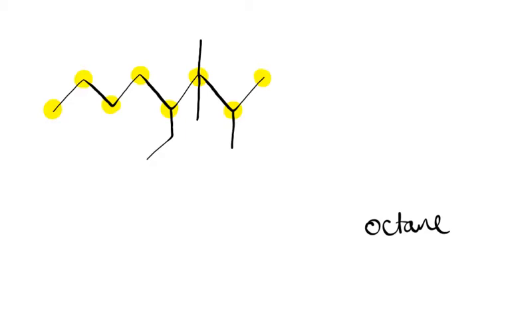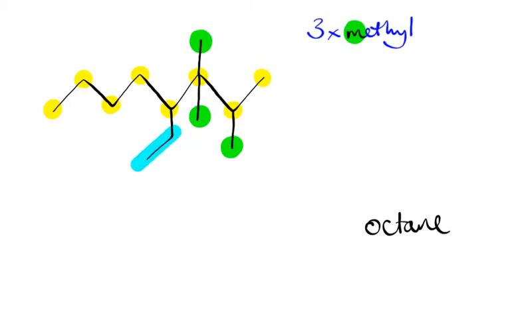We can probably see that we have 1, 2, 3 methyl groups, as well as 1 ethyl group. We then need to number where these groups are, and we will need to keep the numbers as low as possible, which means in this example we need to number from the right hand side. So if that's carbon 1, that's 2, that's 3, and that's 4.